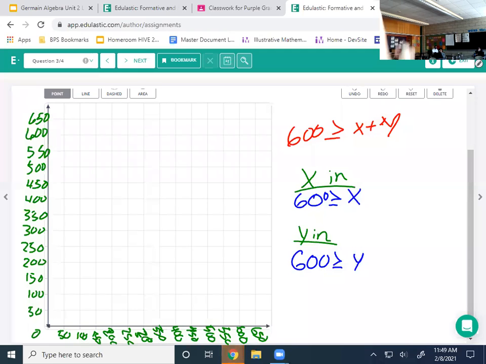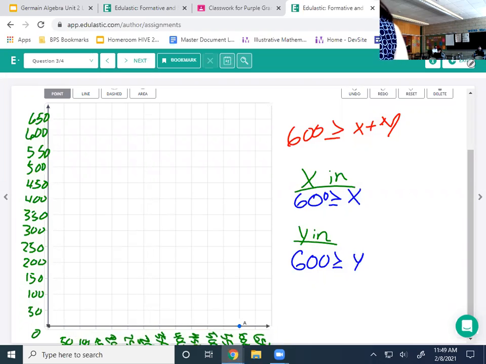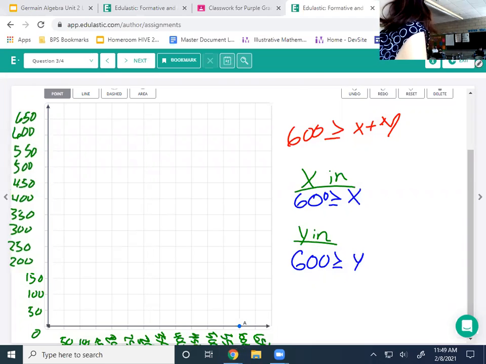X-axis, where am I putting a point? Connor? Good. Boom. I just had to move my writing down a little bit. Okay, where am I going to put my y-intercept? Kyle? Also 600. Good.